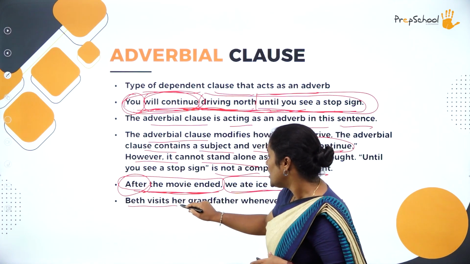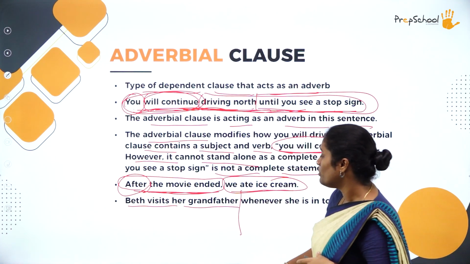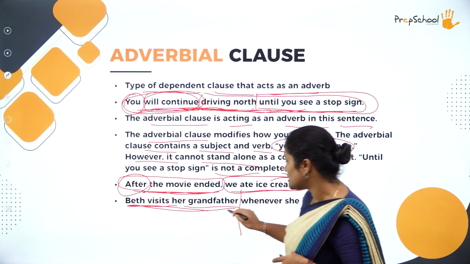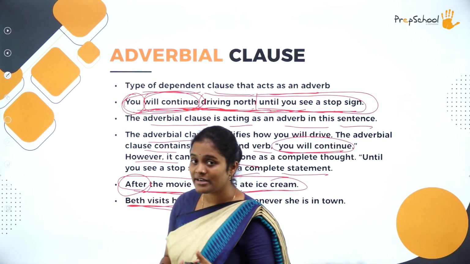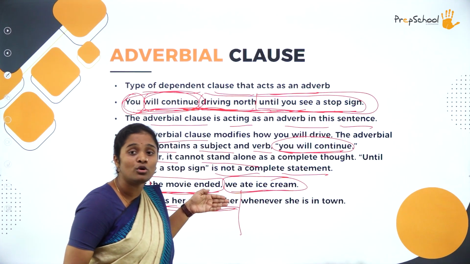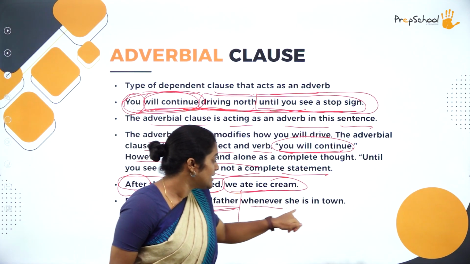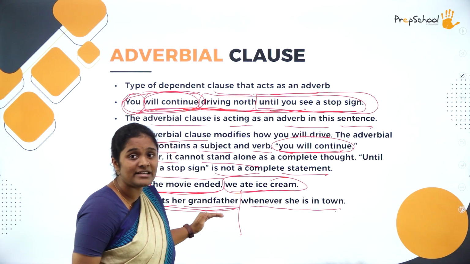Beth visits her grandfather whenever she is in town. Now Beth visits her grandfather, that is for sure. Can you say "whenever she is in town" alone? Is it a dependent clause or an independent clause? It is a dependent clause. Whenever she is in town, we don't know what is going to happen. It's not a complete statement. Her visit is being described over here.